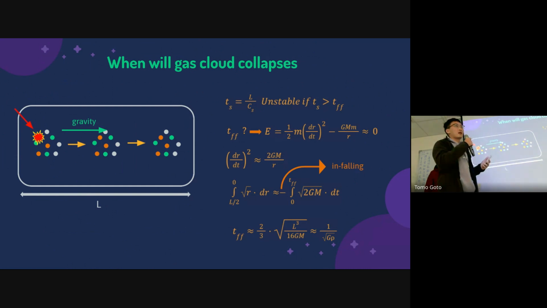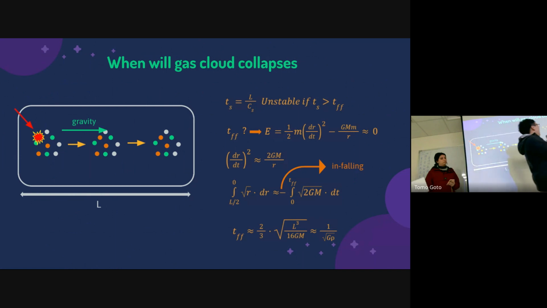TFF is the free falling time, because there is gravity here, and so a particle will fall from the edge to the center of the star. So we want to know what the free falling time is, and we can use the equation of conservation of energy. We can write this equation here.